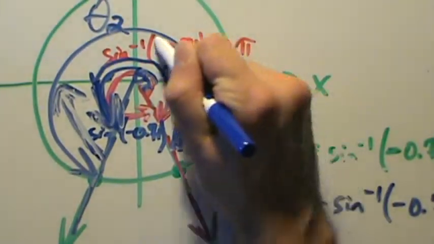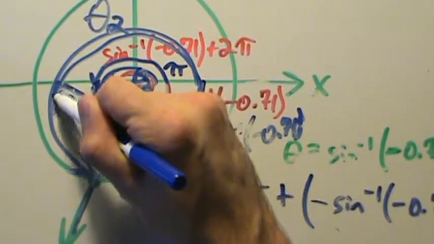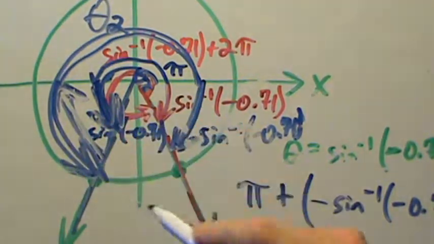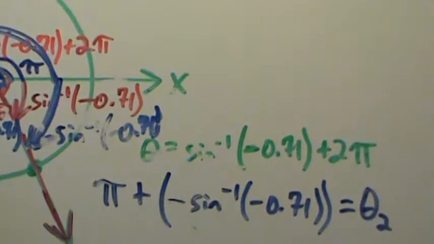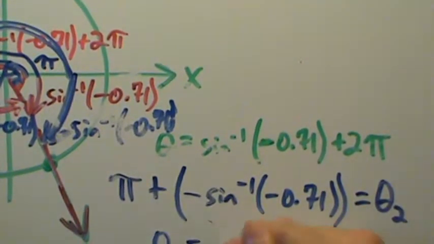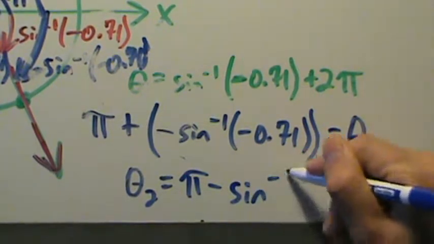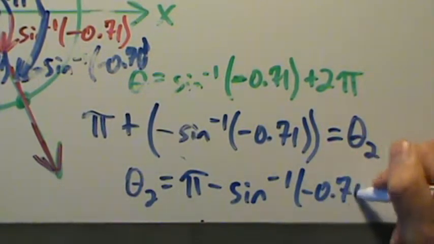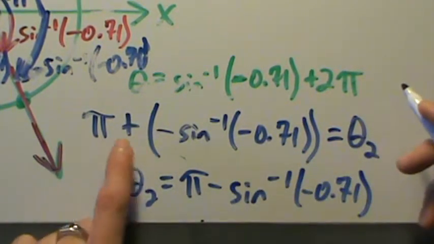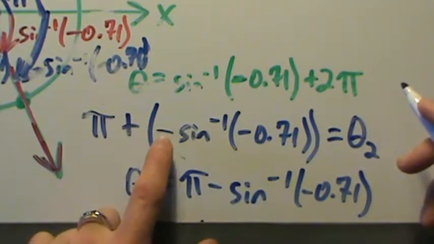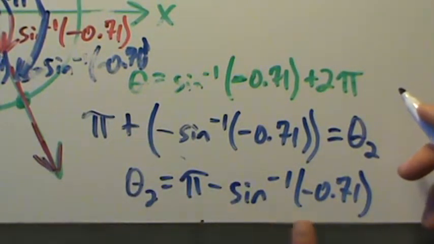So go around pi, and then add negative inverse sine of negative 0.71. In other words, theta sub 2 equals pi minus the inverse sine of negative 0.71. Here pi plus negative means minus, so pi minus the inverse sine of that. So these are our two answers then.